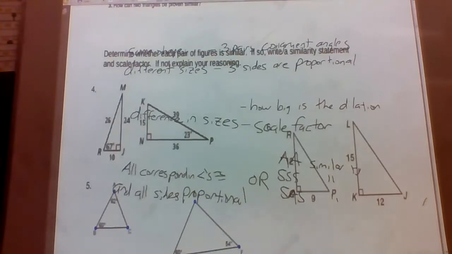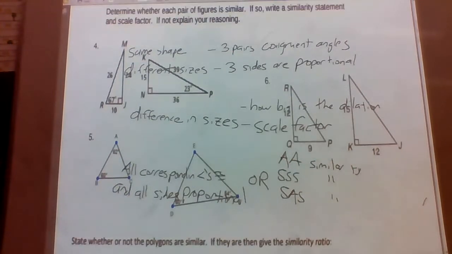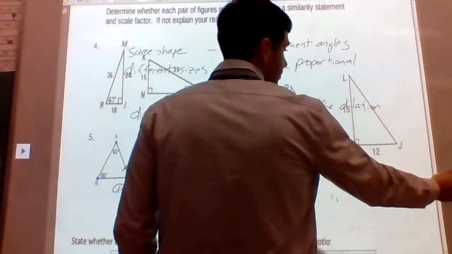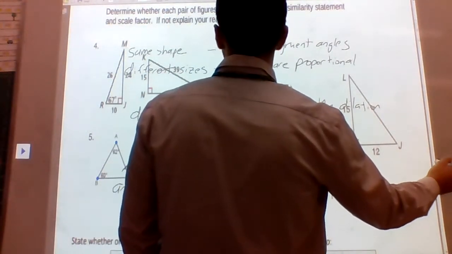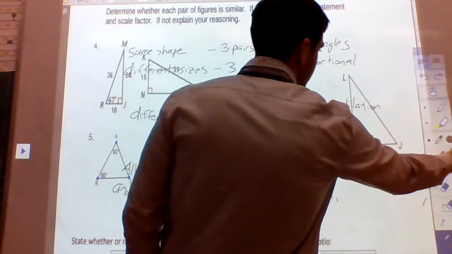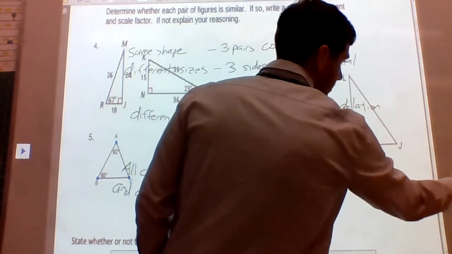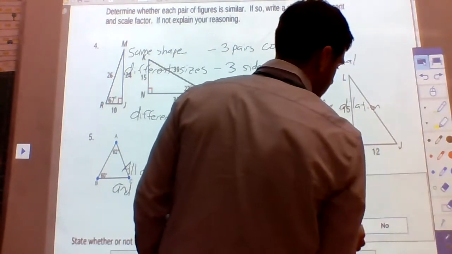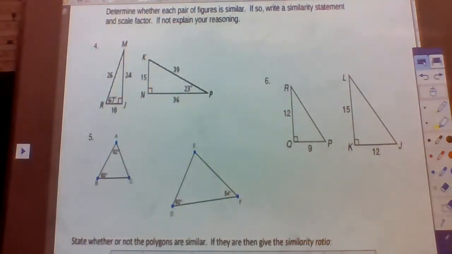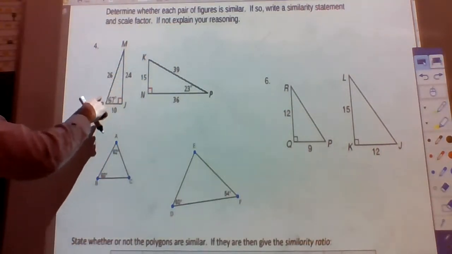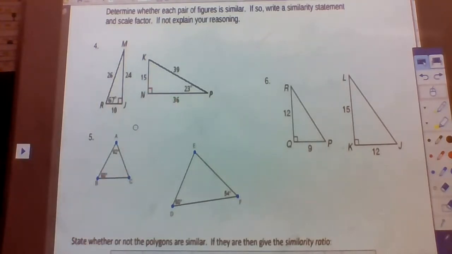So for 4, 5, and 6, they want us to determine whether each pair of figures is similar. If so, we want to write a similarity statement and a scale factor. For the first one, I see information on all the sides, so I'm going to see if we can show they're similar by side, side, side.